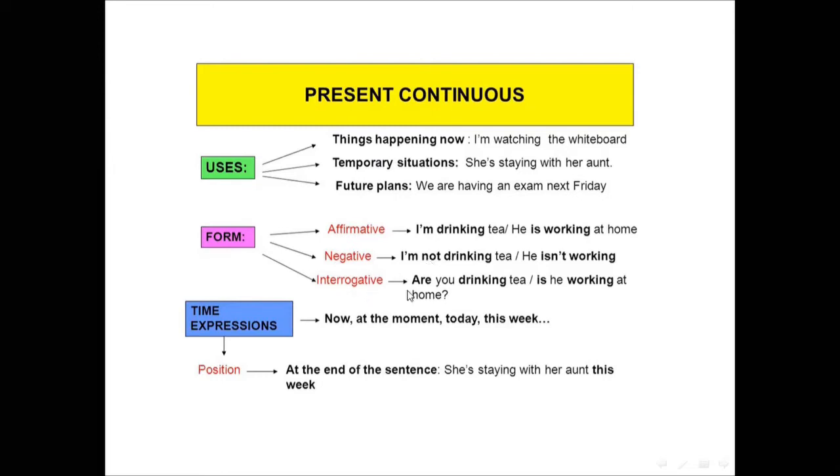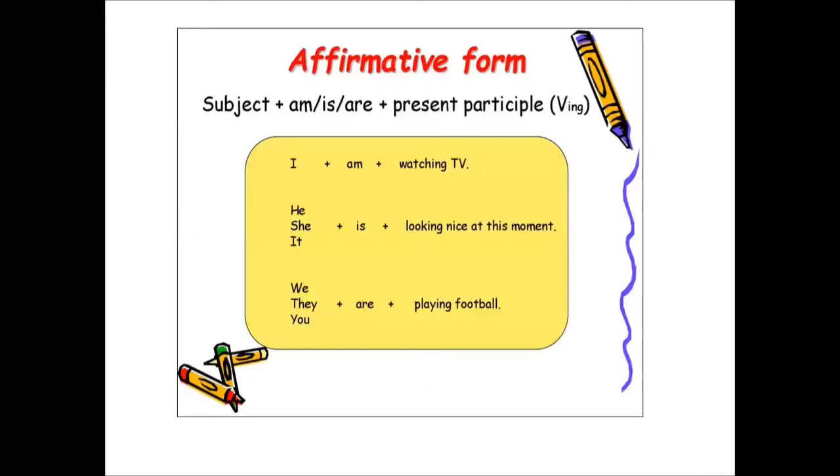Interrogative: we use are plus subject plus verb ing, is plus subject plus verb ing. Now the keywords: now, at the moment, today, this week. And pay attention that the time expression we can always add at the end of the sentence or at the beginning. دائما ظروف الزمان adverb of time إما تضاف في بداية الجملة أو في نهايتها.